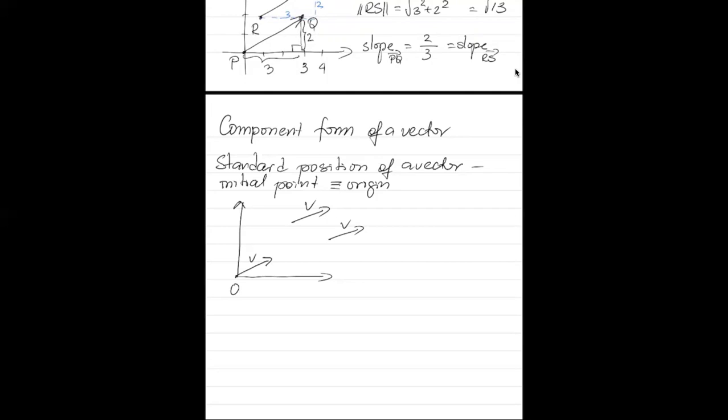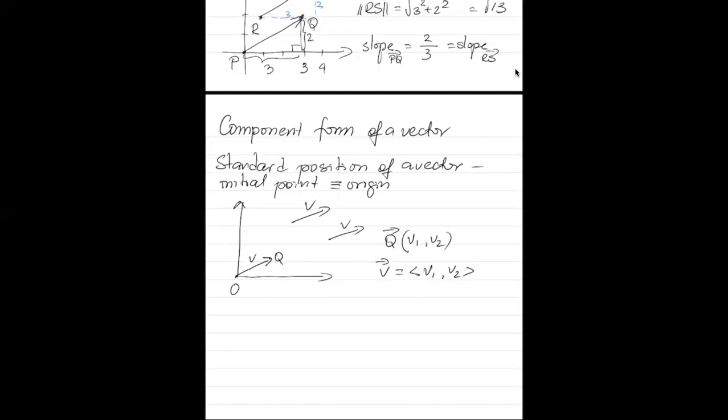So the coordinates of the terminal point here are, let's say, v1, v2, then we say the component form of our vector is also v1, v2. So if the vector is in the standard position, then the coordinates of the terminal point are the same as the components of the vector. So I can label this point Q and say the coordinates of the point Q are (v1, v2).